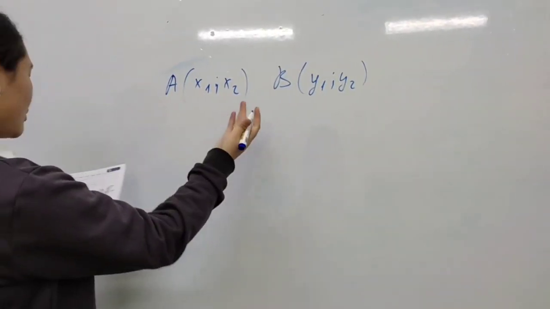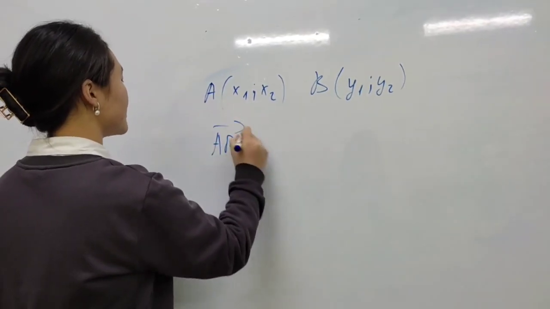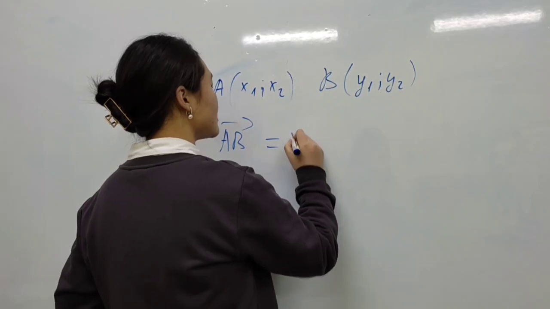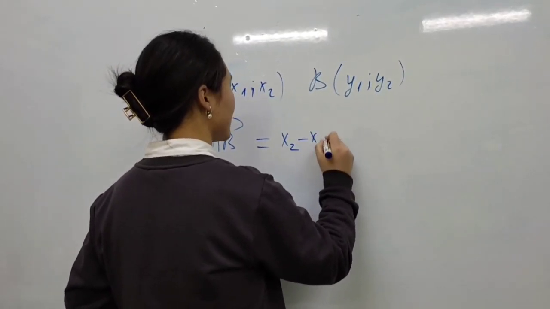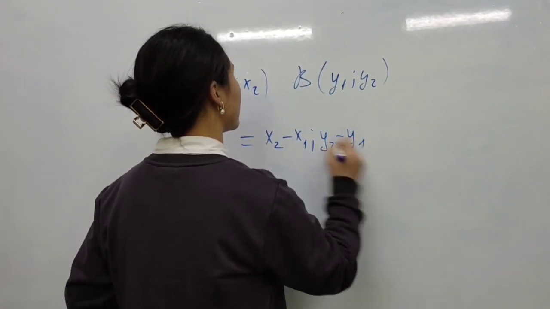Then the coordinates of vector AB are x2 minus x1 and y2 minus y1.